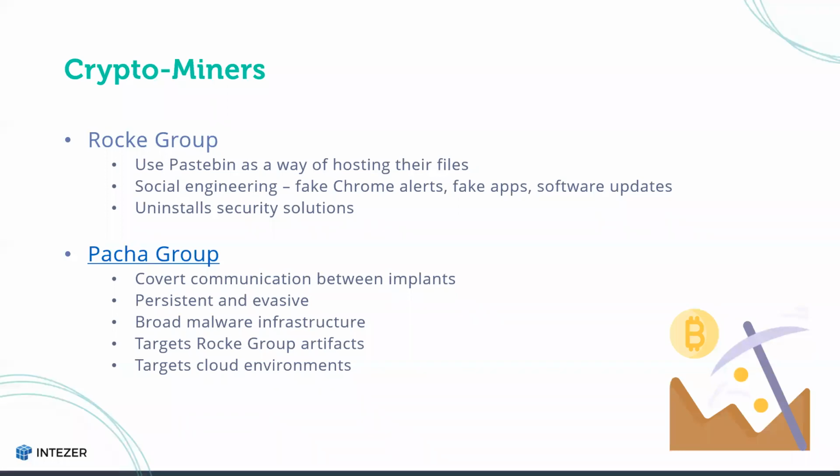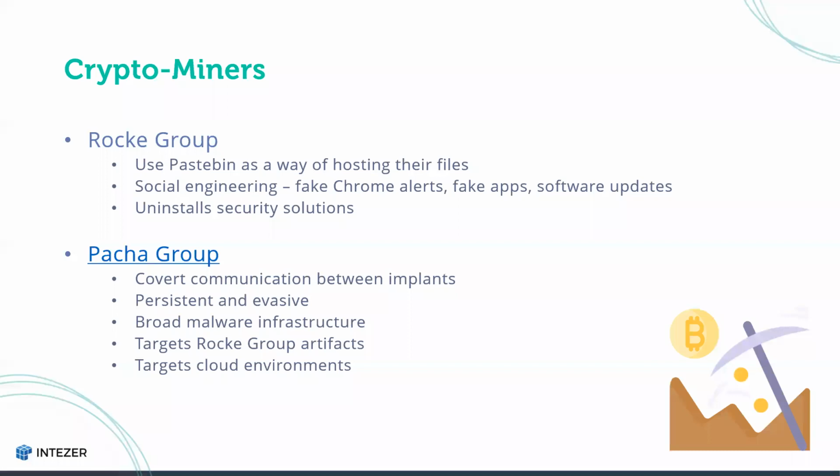We saw a lot of techniques ranging from process name blacklisting, file path blacklisting, and IP blacklisting, and with an emphasis on Patcha Group, we saw that they were really trying to hunt Rocket Group's implants, which was really interesting when we spotted it.